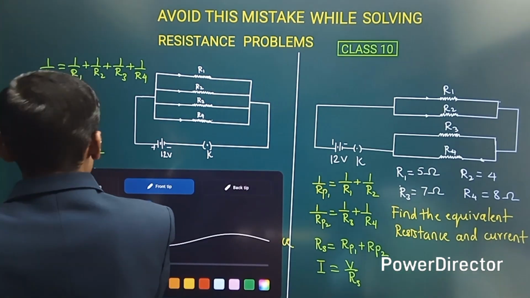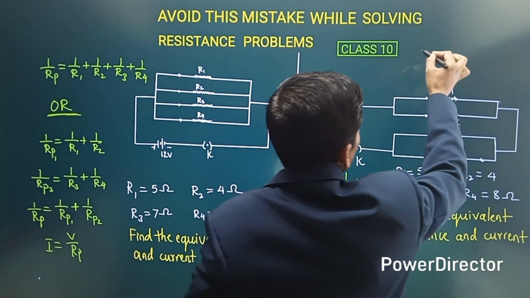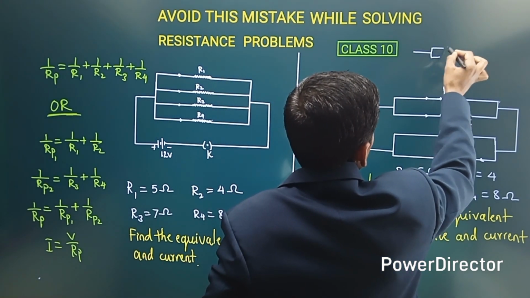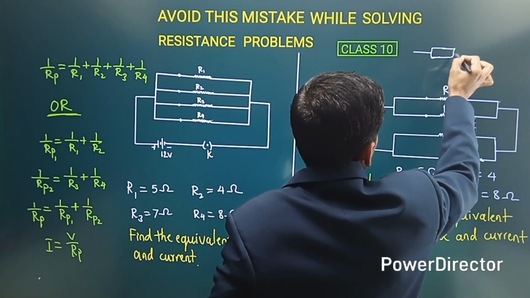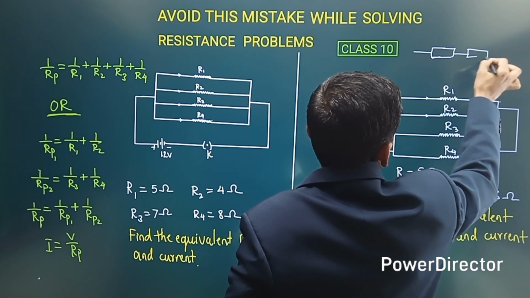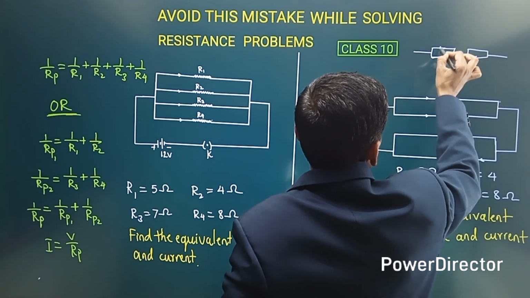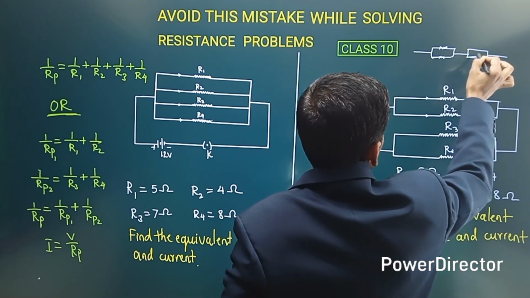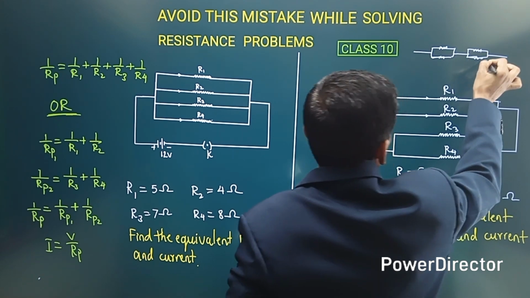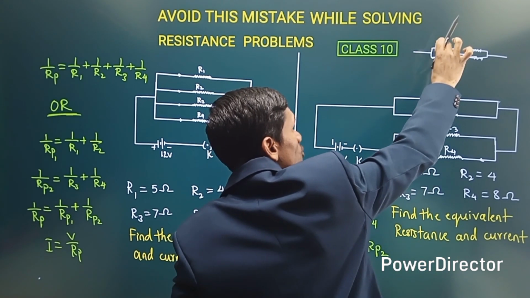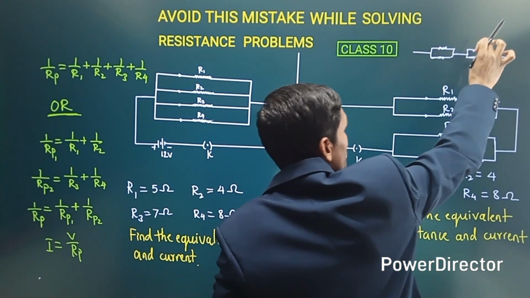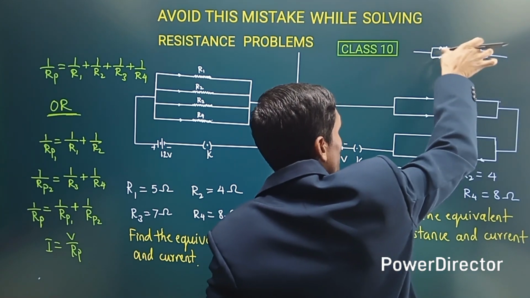I'll show you here. If you stretch, it comes like this. See, right? This set is in series again. Now this is the total resistance in parallel here. This is also a parallel connection, but both are in series.